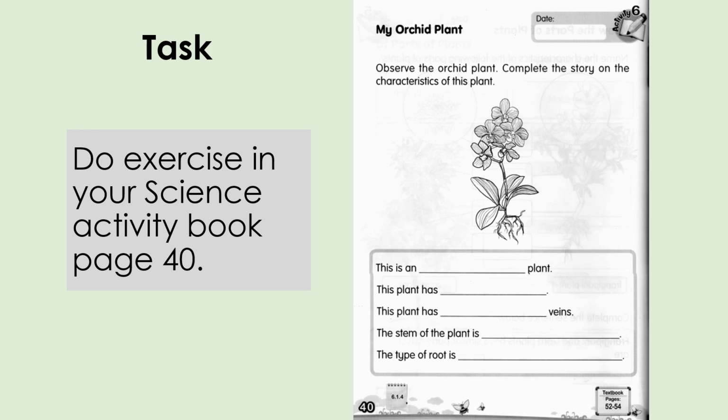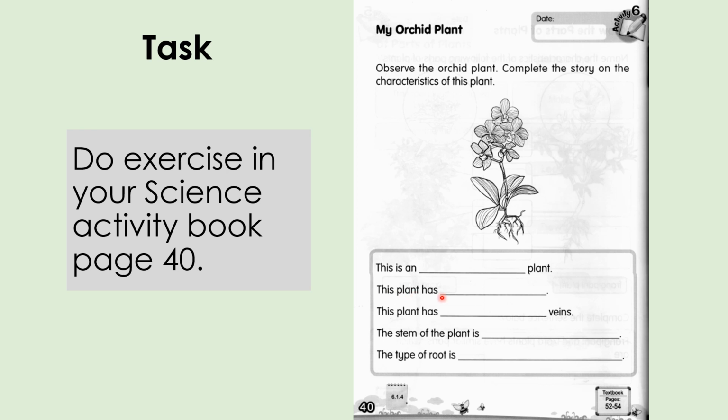Task for Activity 2. Do exercise in your science activity book, page 40. Write the date today. My orchid plant. Observe the orchid plant. Complete the story on the characteristics of this plant. Look at the plant, then complete the story. This is what plant?